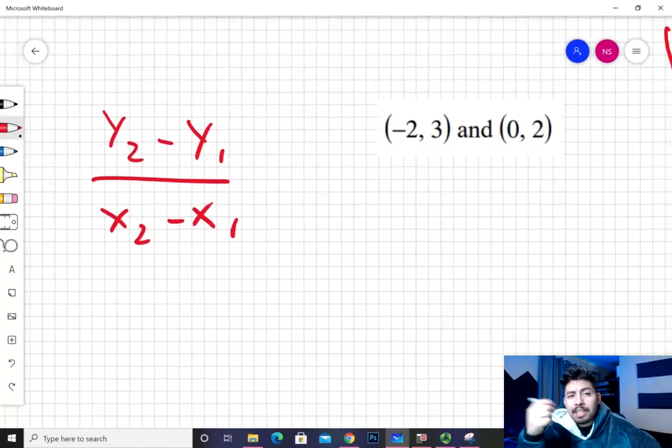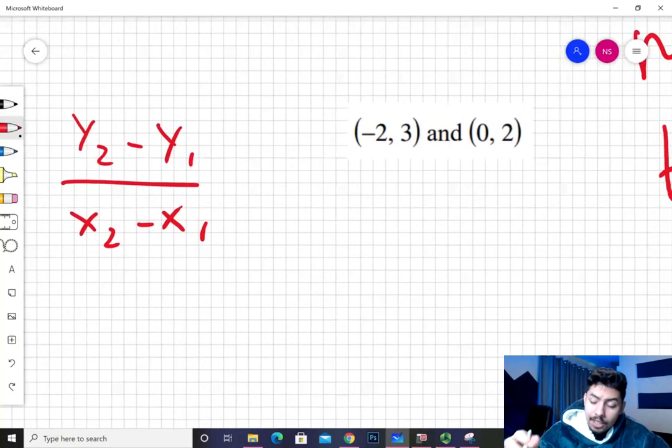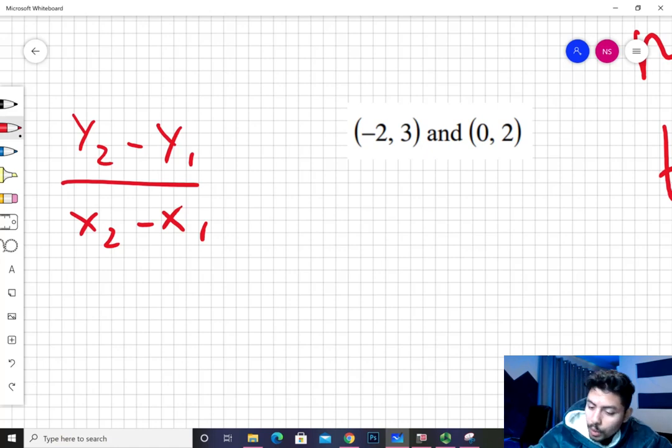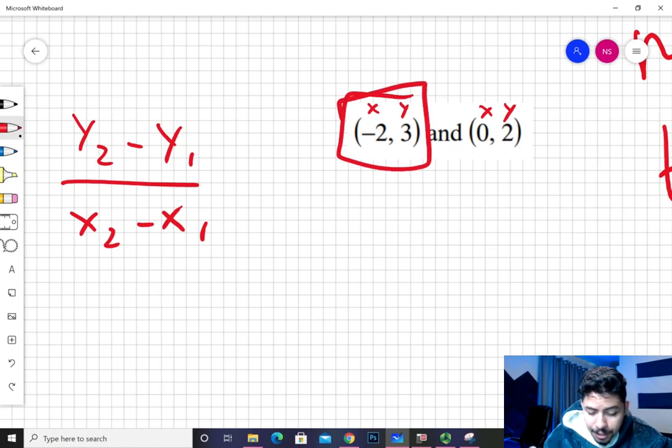So what does this formula mean? What is y2 minus y1 over x2 minus x1? Well, this is what it means. We know, because we learned this in the coordinates lesson, where you're supposed to master how to write and read points, we know points are always written x, y. Alright, we already know that. So here's the thing. Because this happens to be my first set of points, these are my firsts.